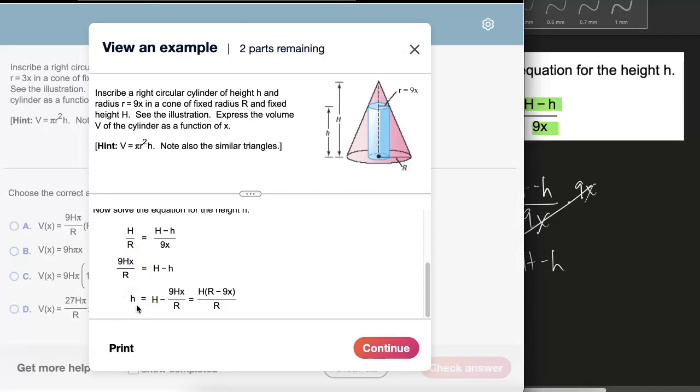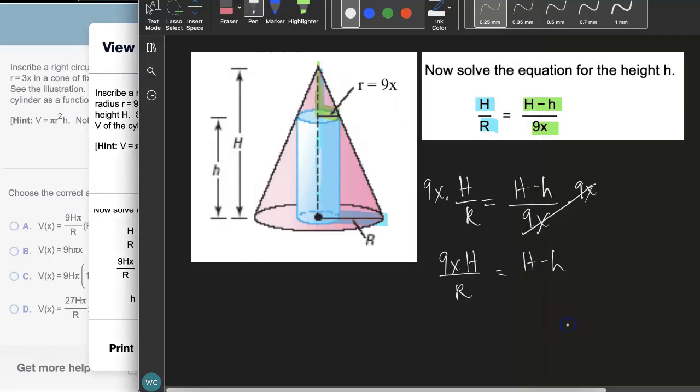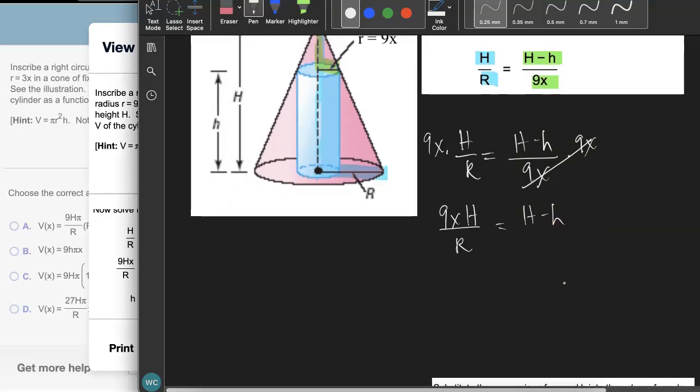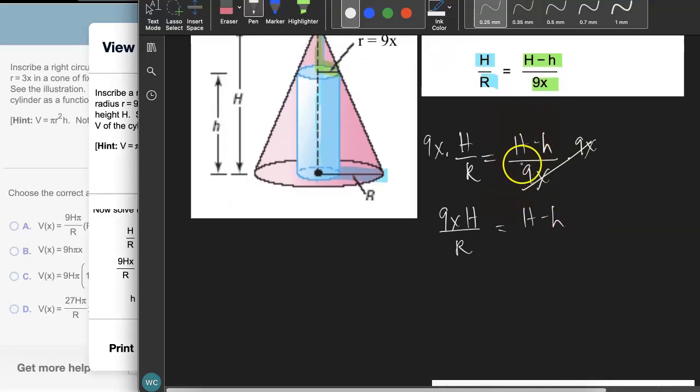To get h by itself, it looks like they're moving this term capital H. To move that term, there's a couple of ways you could think about this, and a couple of steps are happening here at once. I could subtract capital H from both sides, and then multiply everything by -1.